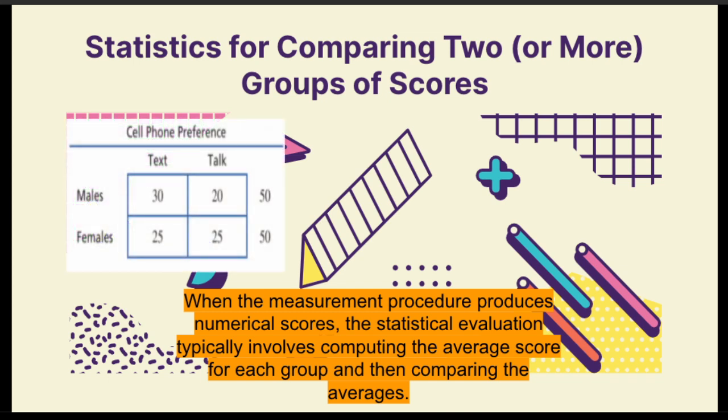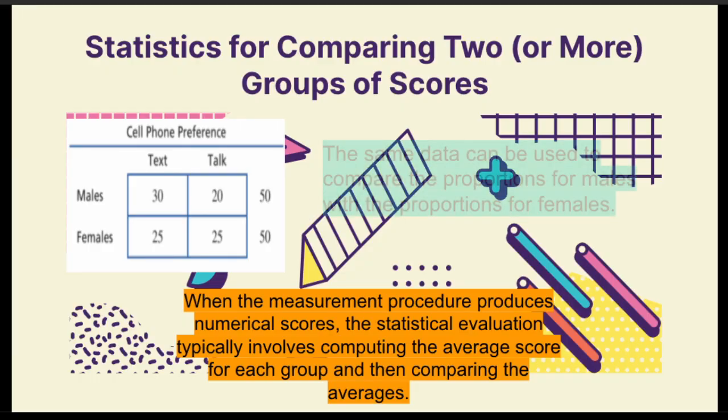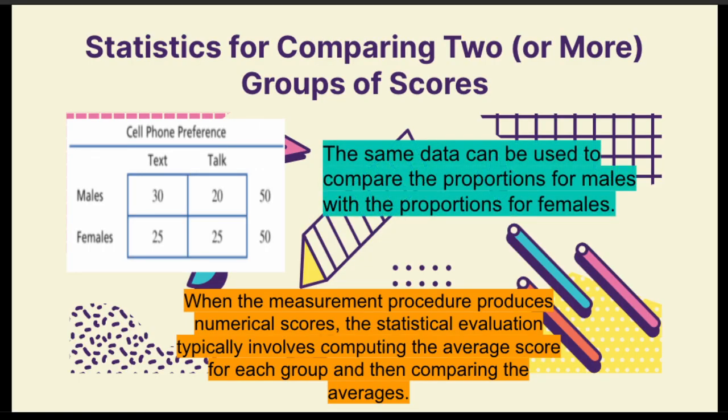For example, using text is preferred by 60% of males compared to 50% of females. As before, this data can be evaluated using a chi-square. This data can be used to compare the proportions for males with the proportions for females, wherein we are using non-numerical data.